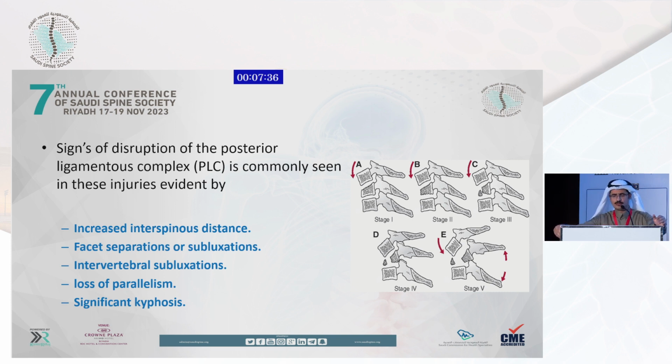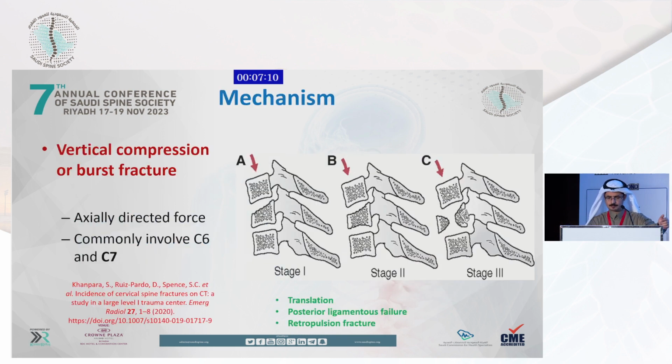Signs of disruption of the posterior ligamentous complex include increased interspinous distance, separation of the facets, subluxation, loss of parallelism, and kyphosis. There are certain numbers for kyphosis; some took 40 degrees of kyphosis as a significant sign of instability.